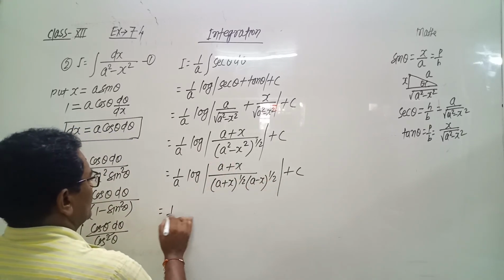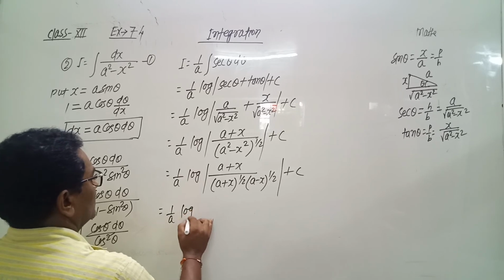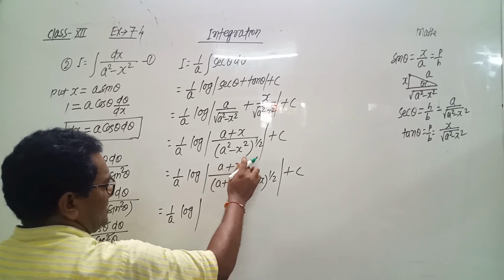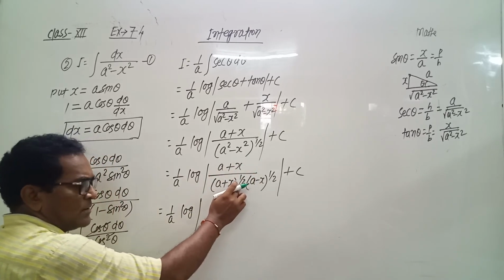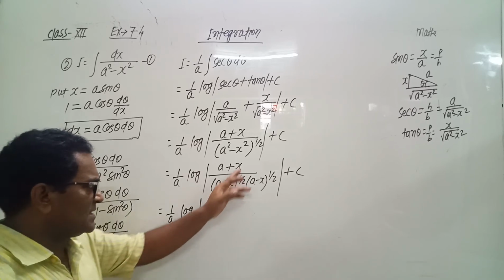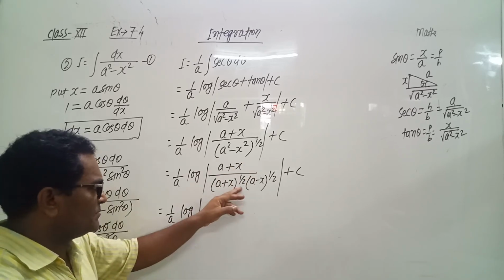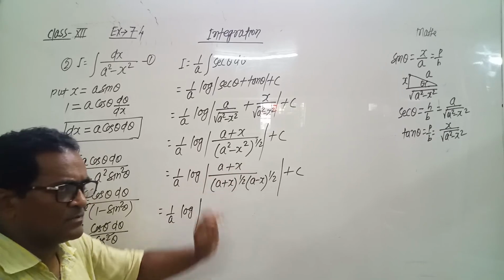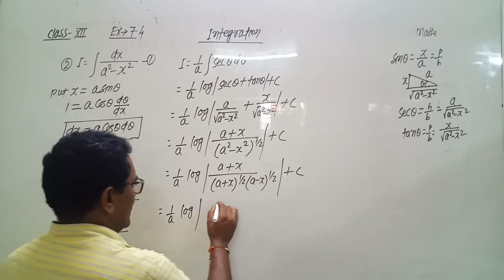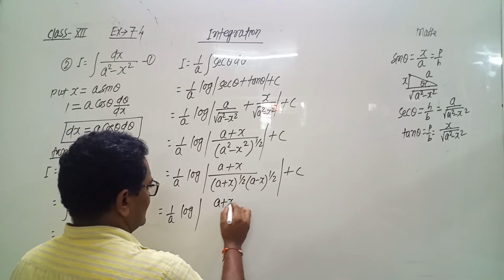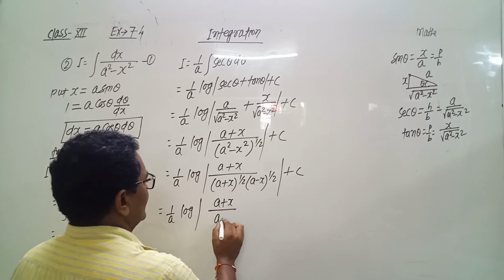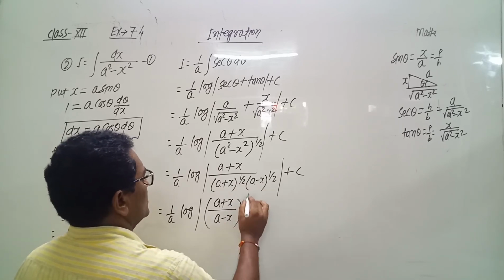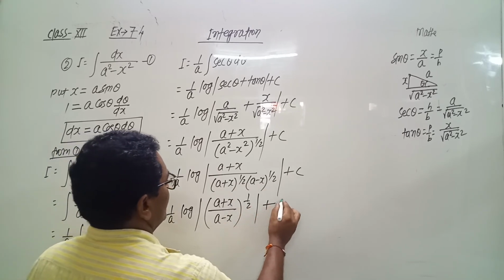So it comes 1 by a log a plus x raised to the power 1, with a power of 1 by 2 in the denominator. So the a plus x goes at the numerator place, and the power gets subtracted, 1 minus 1 by 2, which becomes 1 by 2. So a plus x upon a minus x, the whole raised to the power 1 by 2, plus c.